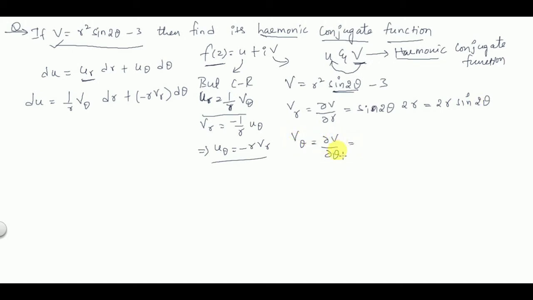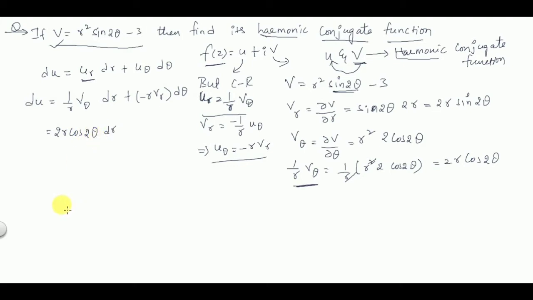With respect to theta, r square is a constant, and dou by dou theta of sine 2 theta is 2 cos 2 theta. So 1 by r into v_theta is 1 by r into r square into 2 cos 2 theta. One r gets cancelled, so it will be 2r cos 2 theta. So in the place of this you can write 2r cos 2 theta dr.